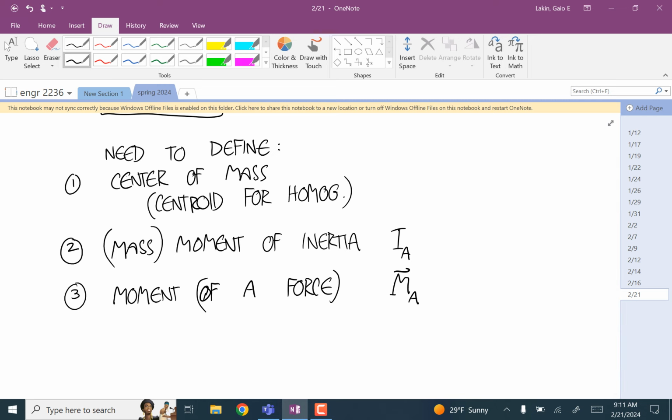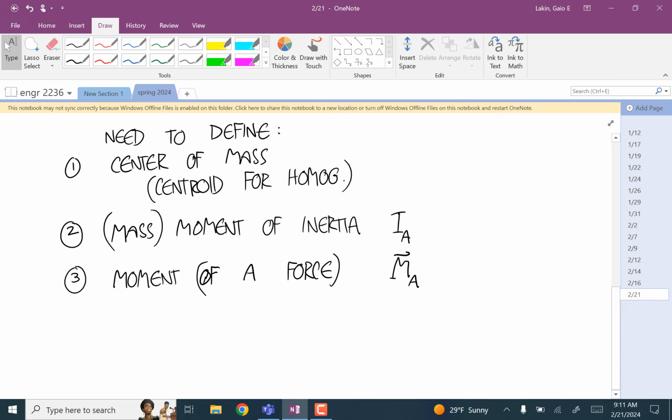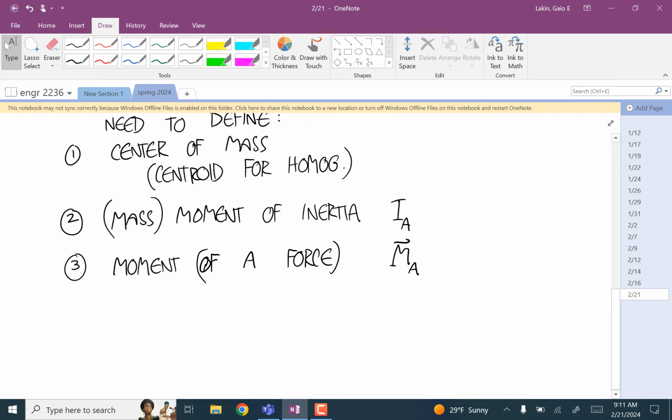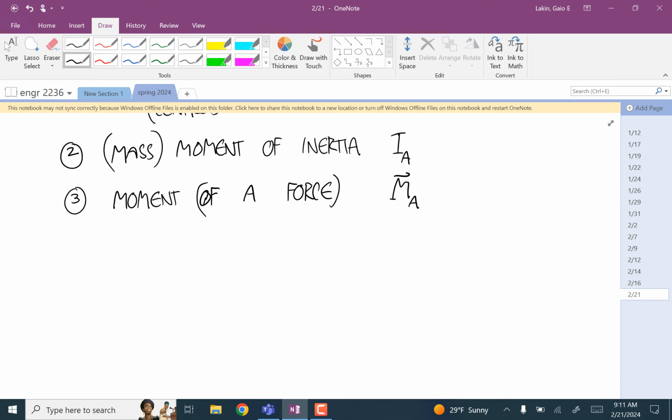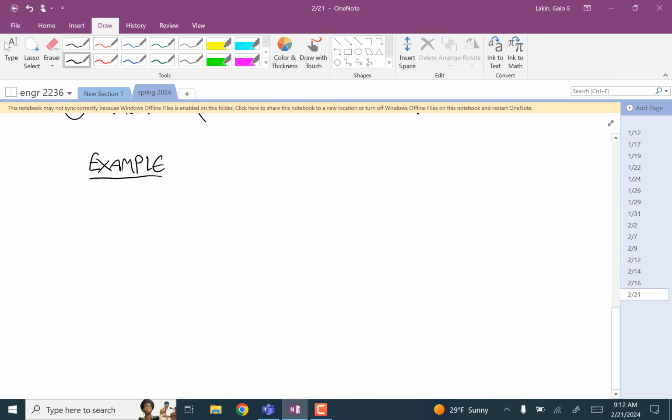Okay, I gave you a list of the centroids of common shapes last time. I just want to use the integral definition of centroid one time in a simple case so you can see where these formulas come from, okay? I didn't do this all the way out, so I hope we can get this to work.